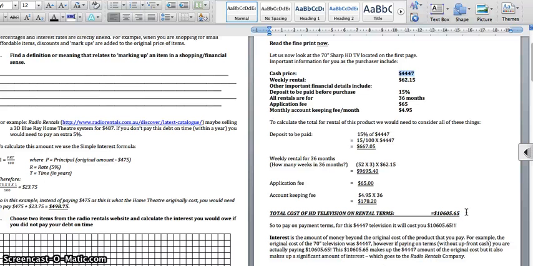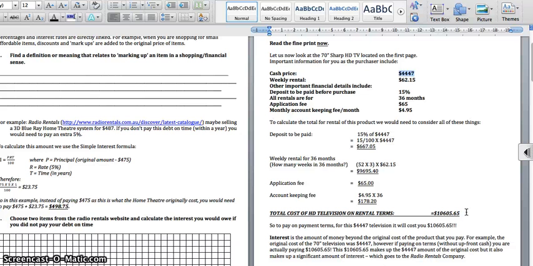Very clever. So you've got to find 15% of that, which is you're going to pay $667 off in the first place. Okay? Your weekly rental comes out to $9,695, plus you add your $65, plus you add your $4.95 times 36, because they're doing that every month for 36 months. When you add those four things together, you get $10,605.65.